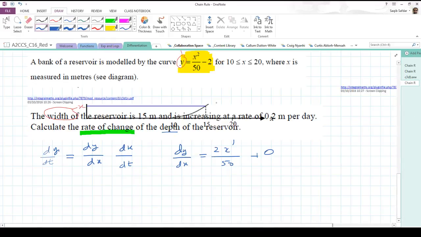Well, there's no explicit equation other than saying when the width of the reservoir is 15 meters and is increasing at a rate of 0.2 meters per day.